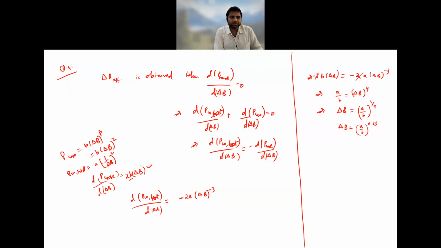When we differentiate that, we will get minus 2A delta B raised to power minus 3. Both of these we have to equate.